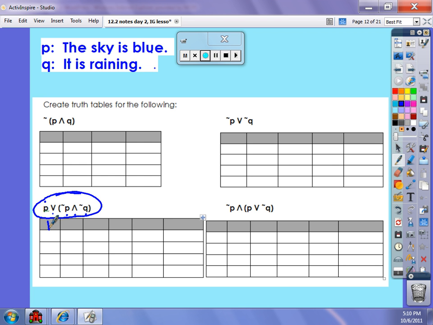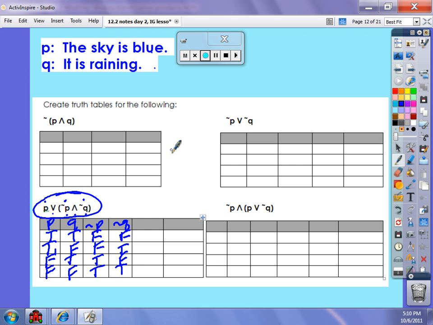Okay, so to build this truth table, I'm going to start with my P and Q. True, true, false, false. True, false, true, false. Okay, what other information do I need in order to find this? I need not P and I need not Q. So those are easy, right? Opposite of this column is false, false, true, true. Opposite of the Q column is false, true, false, true.